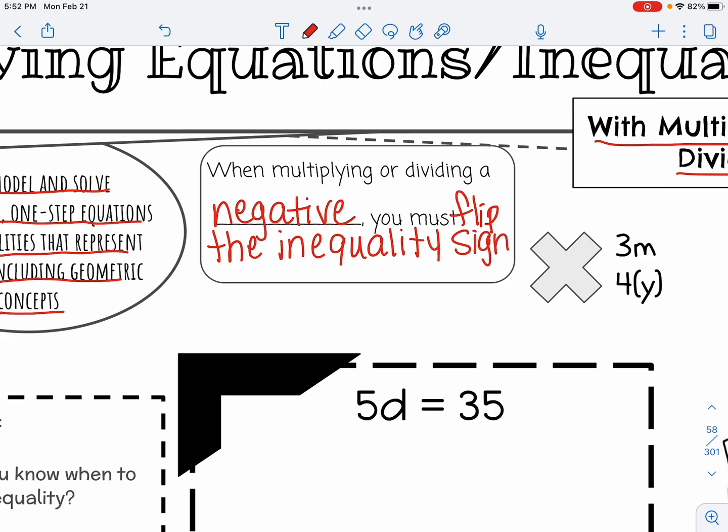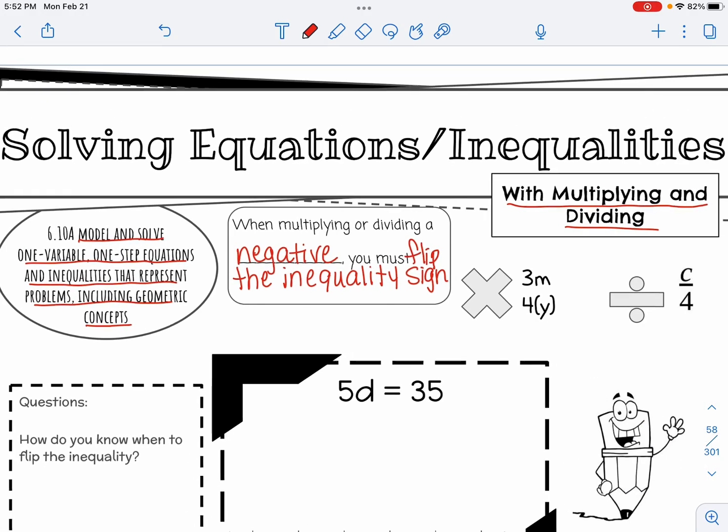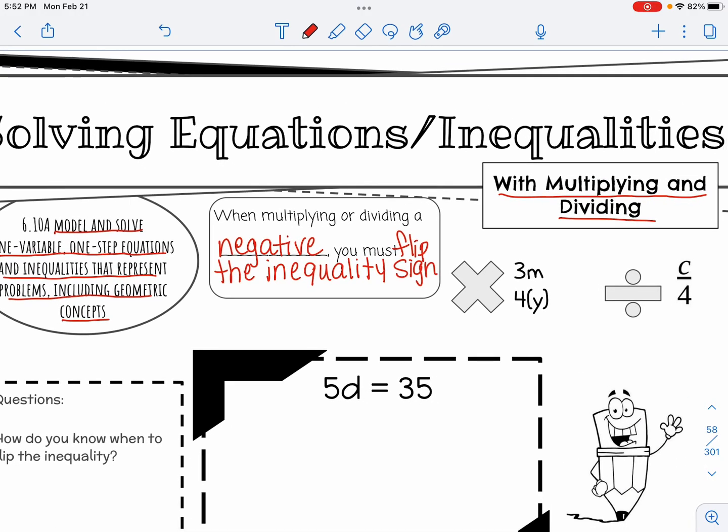And we're going to do a few examples here shortly, and so you will see what we mean by that. When you flip the inequality sign, when you're multiplying or dividing by a negative, you must flip the inequality sign.